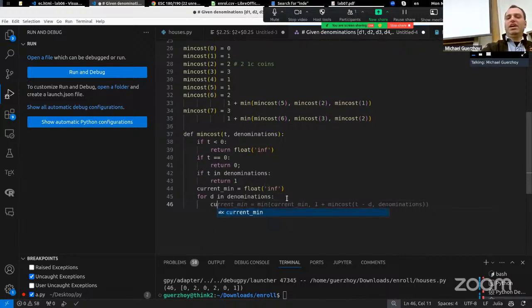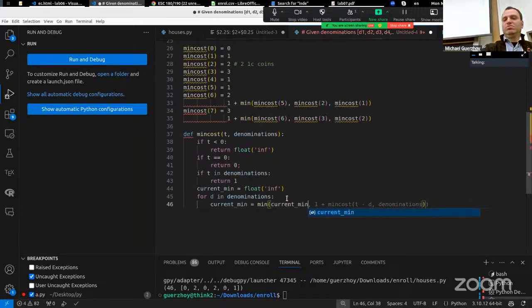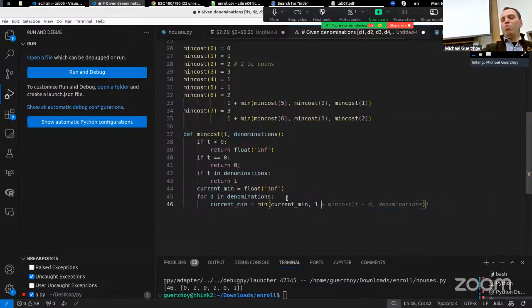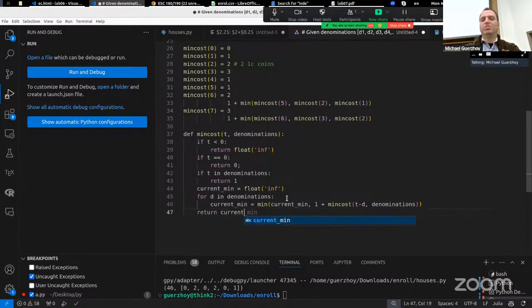The current minimum is the smaller of the old current minimum or 1 plus min cost of t minus d, denominations. And then I'm done, returning current min.